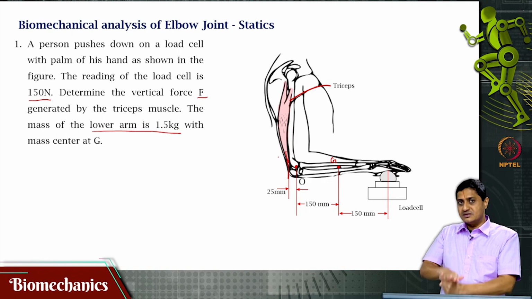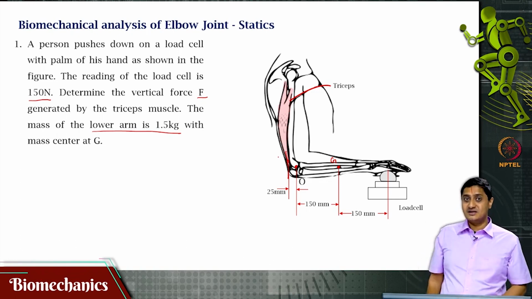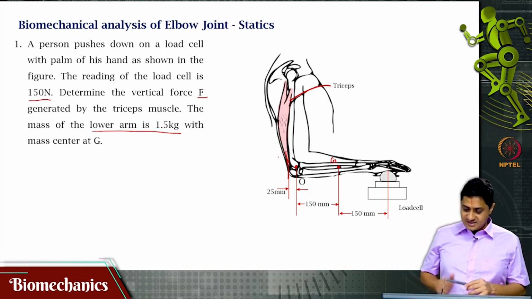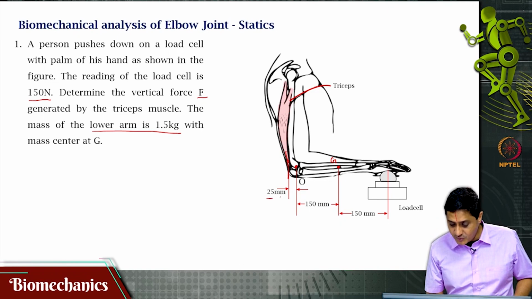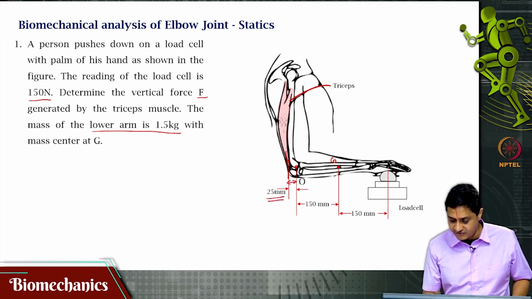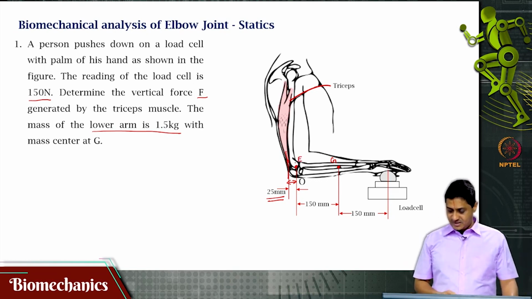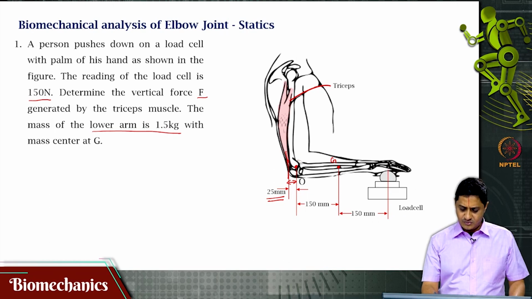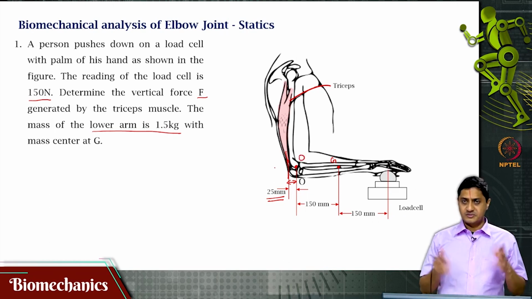That action, if this load cell was not there, would lead to extension, which is performed by the triceps muscle. The triceps is attaching at a perpendicular distance of 25 mm from the elbow joint, which I am going to call O for the purpose.